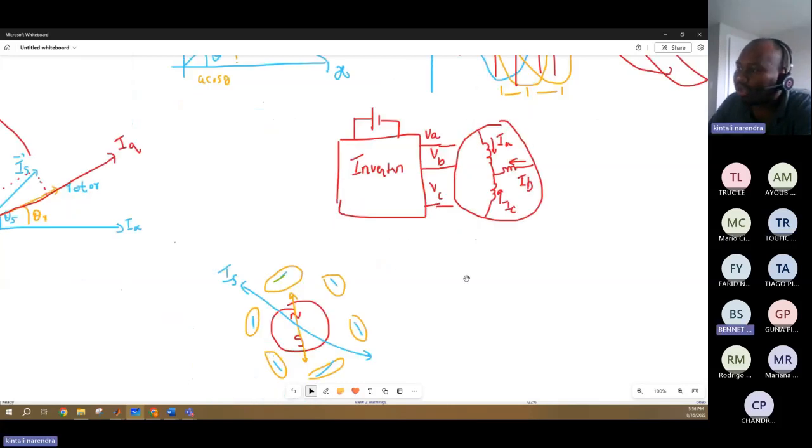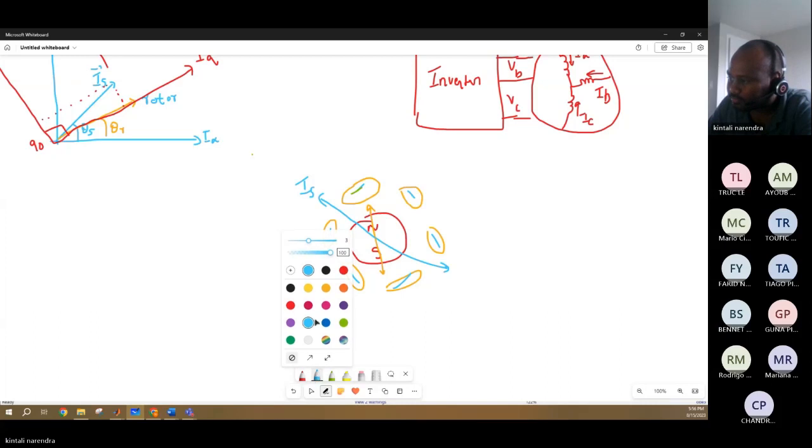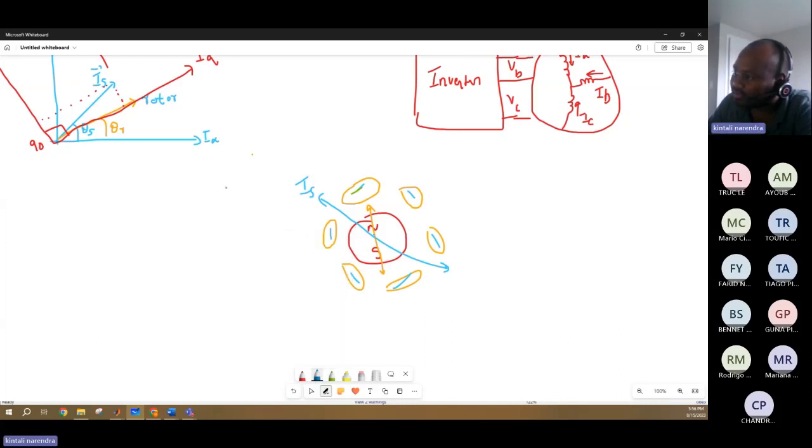Now the angle between the rotor and the stator is not 90 degrees right now. So what I'm trying to do is make this IS, by using a control system, 90 degrees to this rotor north pole.